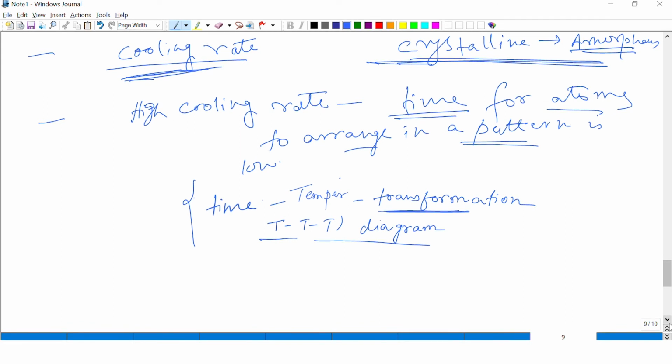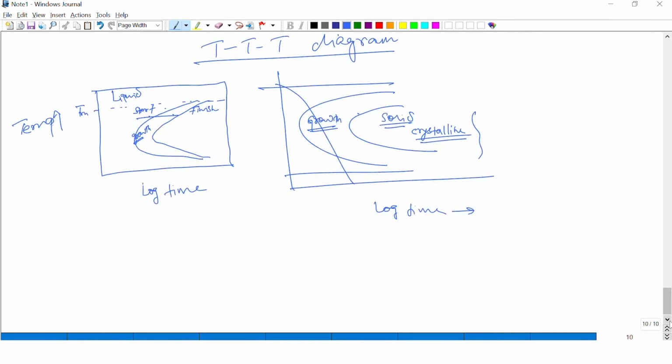So, enough time has to be allowed for this atomic diffusion to take place, so that this atomic sorting or this atomic arrangement can take place. Okay. So, when you talk about the time, this temperature time diagram comes into picture, and this kind of diagrams are known as time temperature transformation diagram, which will show the interrelation between temperature and time.